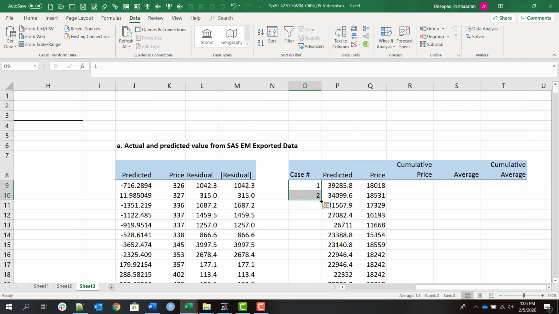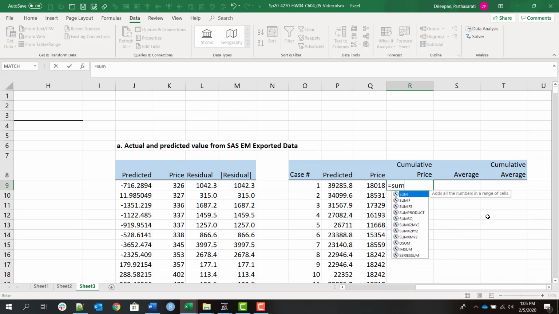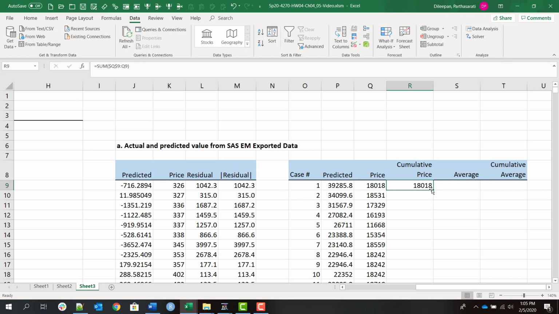case number here. All right, so cumulative price is sum of, now that, okay, make that absolute reference. Okay, the first part should be absolute reference. Okay, so then copy that all the way.